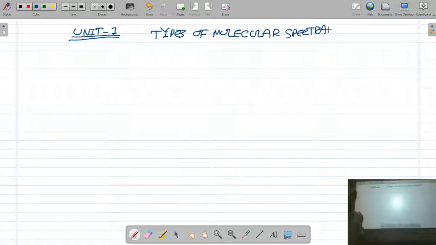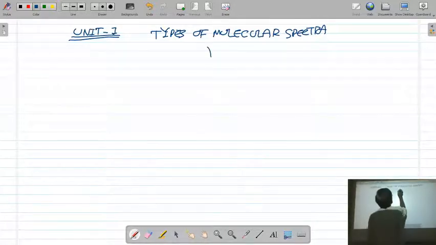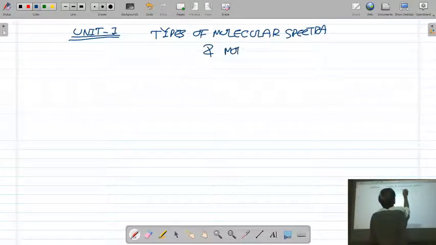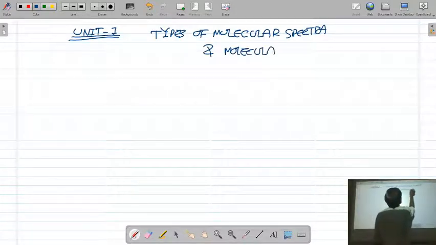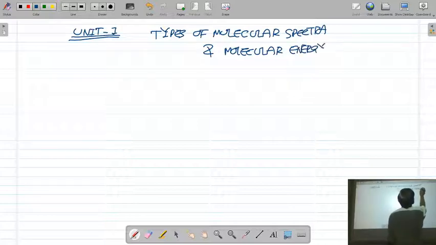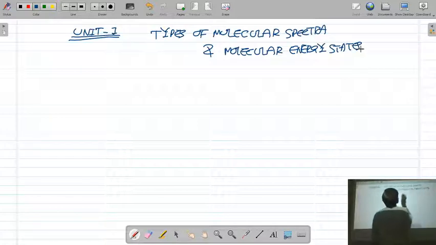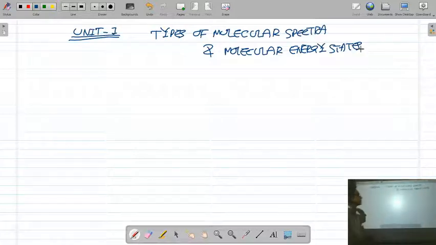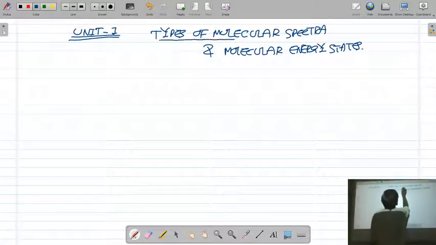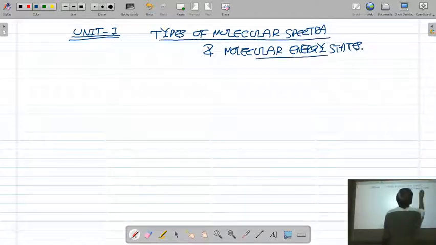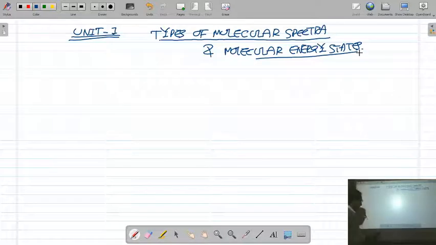In unit 1, we will study different types of molecular spectra and molecular energy states. So in unit 1, first we see the different types of molecular spectra and molecular energy levels.